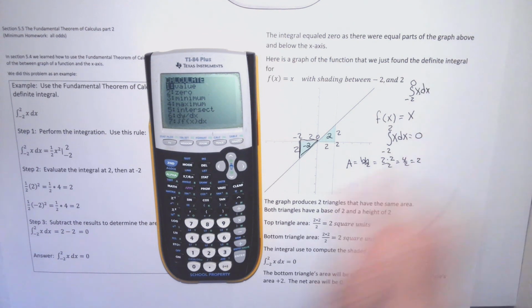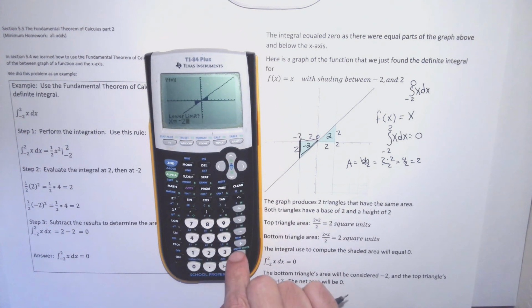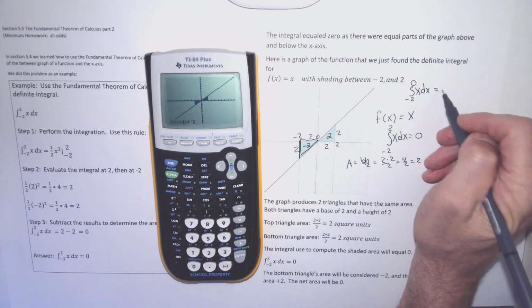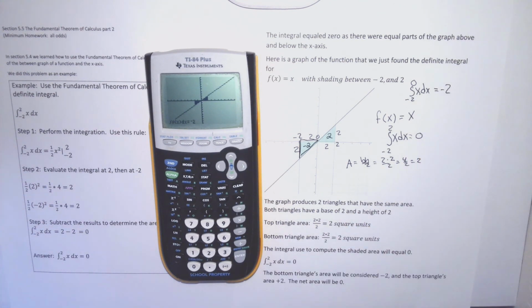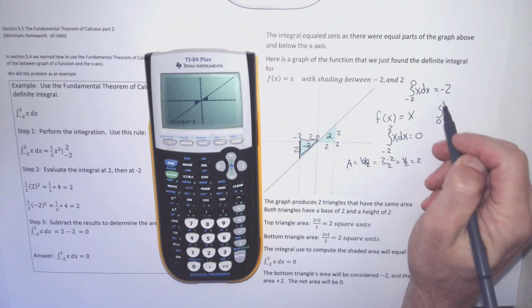So for x equal to -2 to x equal to 0, I get the integral for the lower triangle, which is the negative version of its area.